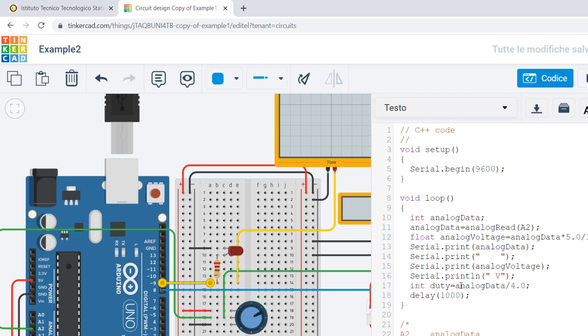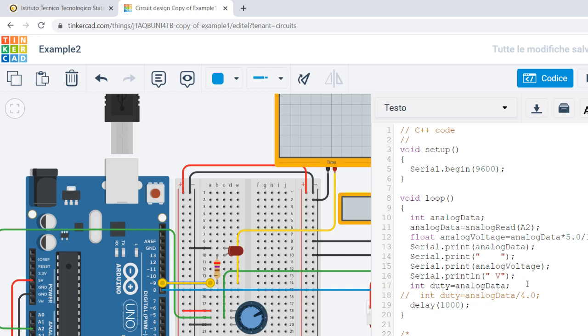So to convert 10-bit data to 8-bit data, it is sufficient to divide by 4. This division is done in a different way because you know that to divide a digital number by 4 is equal to do a shift to the right by 2 positions.